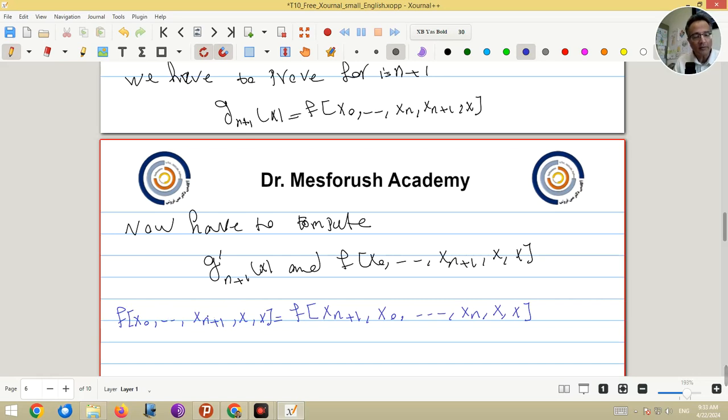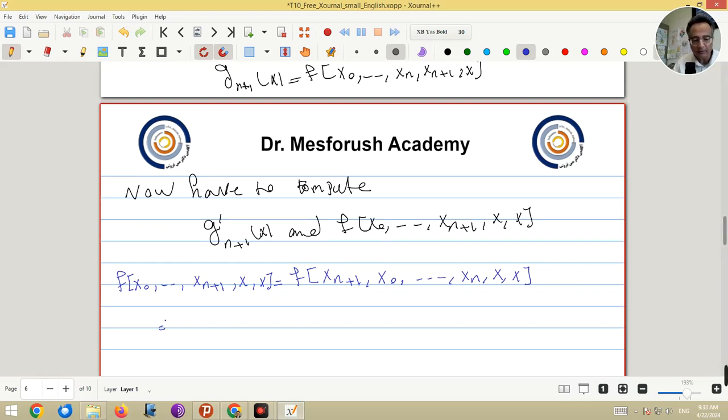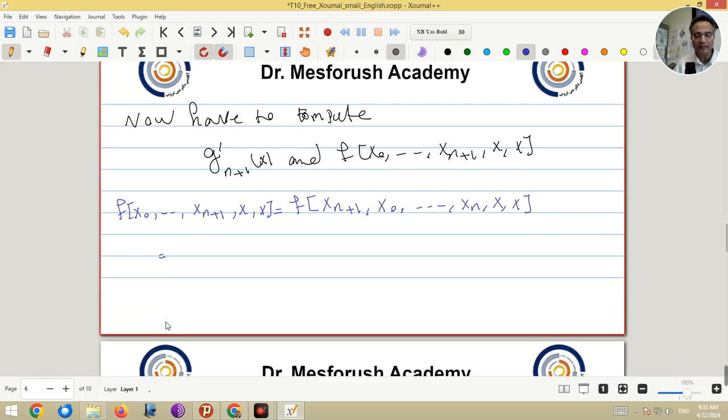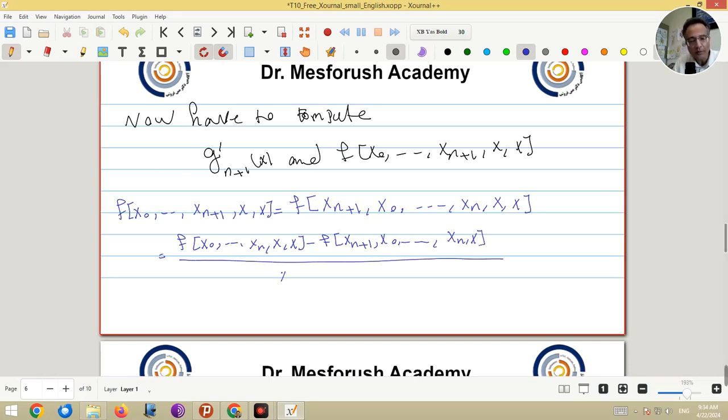So in this case I move xn+1 from here to the first of the function. Okay, and now I can write the definition of the divided difference. It will be f[x0 to xn, x, x] minus f[xn+1, x0 to xn, x] over x minus xn+1.